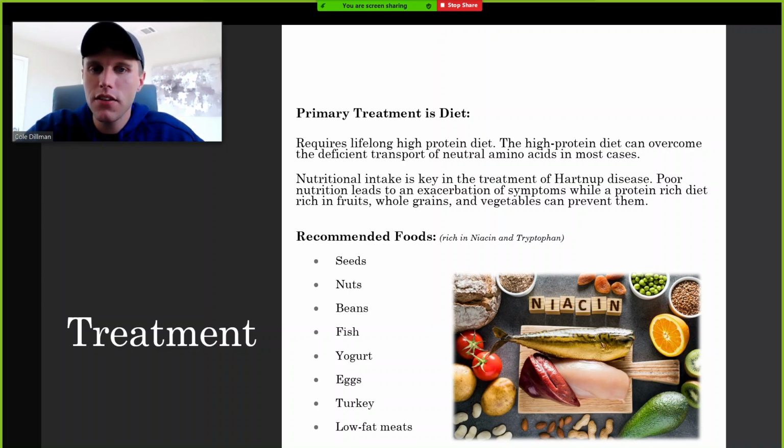Well, nutrition within Hartnup disease is the key treatment because poor nutrition can exacerbate the negative symptoms. If you follow a proper diet full of healthy fruits, vegetables, whole grains, and foods recommended here that are high in niacin and tryptophan, you can pretty much live a life without problem.